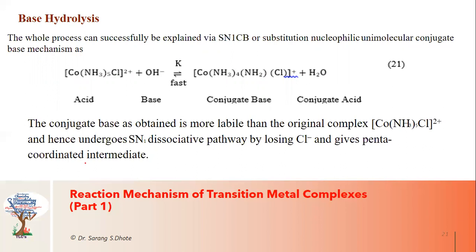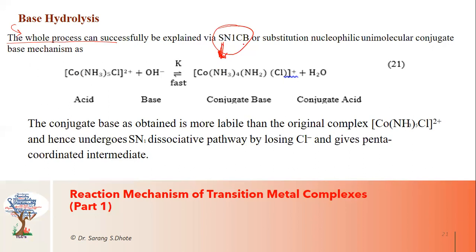The possibility of a simple SN1 mechanism can be ruled out on the basis of the exceptionally fast rate of reaction at higher pH. यहाँ पर pH dependent reactions होने की वजह से एक problem आता है कि whether this reaction takes place by SN1 type or SN2 type of mechanism. See, overall experimental और theoretical view से पता चला है the whole process it takes place by SN1CB, that is a conjugate base type of reaction.